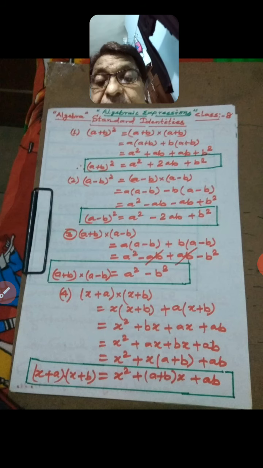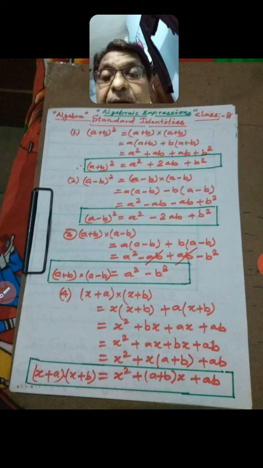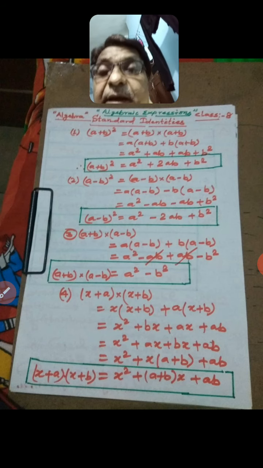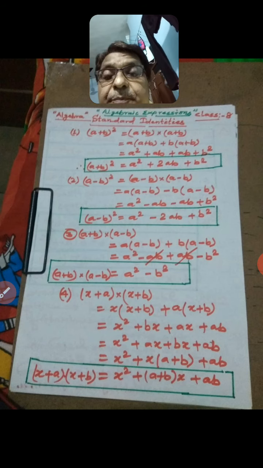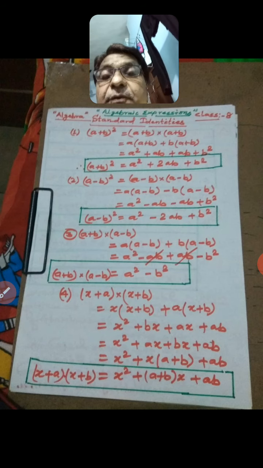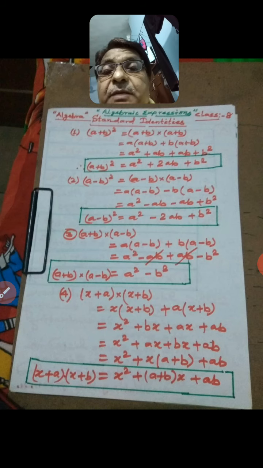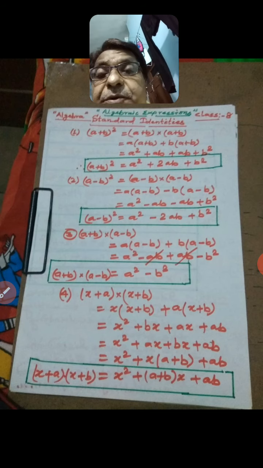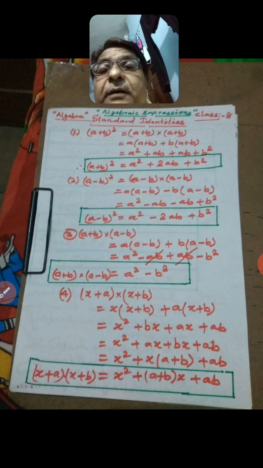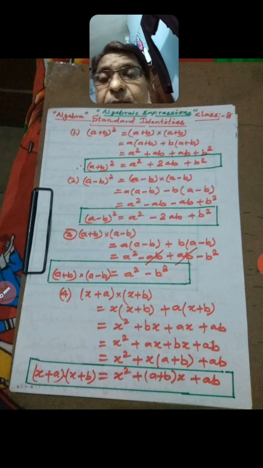Now you rearrange it: x square plus ax plus bx, in alphabetical order, plus ab. Now you see the middle two terms, ax plus bx, both have x, so you should take it out, which is called taking common.